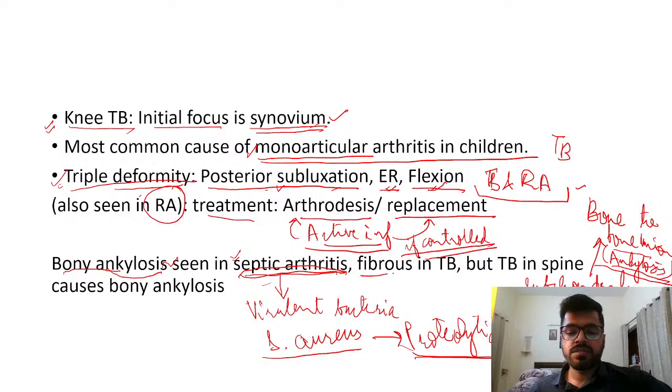Fibrous ankylosis is seen in TB, but TB in spine leads to bony ankylosis. Why is that? Because in spine the vector of the weight of the body is perpendicular to the joint surface, so it leads to better compressive forces and bony ankylosis.